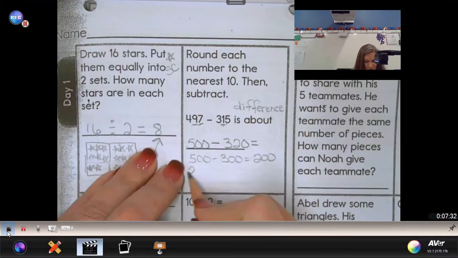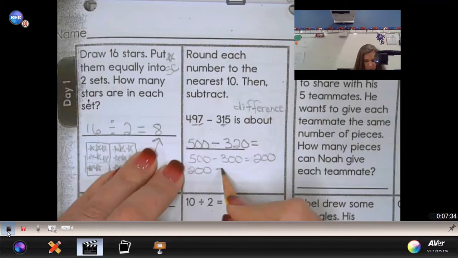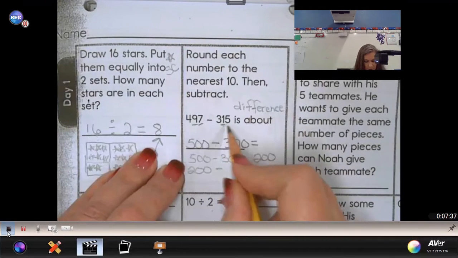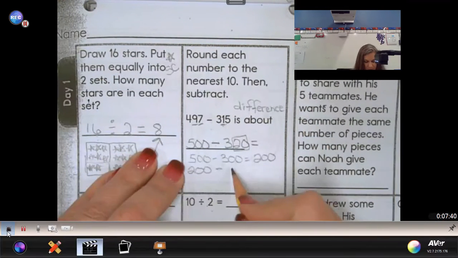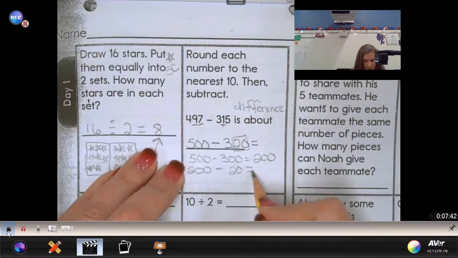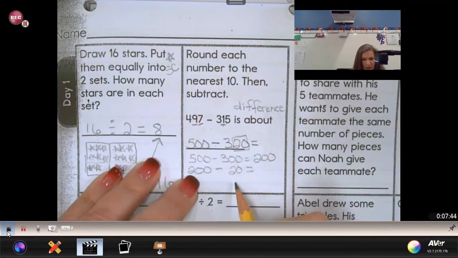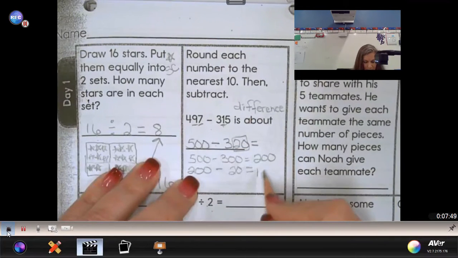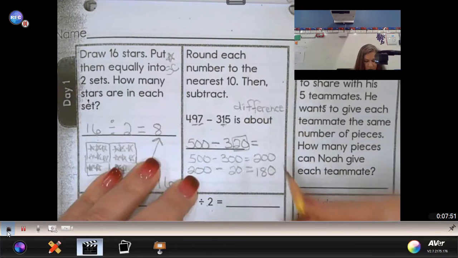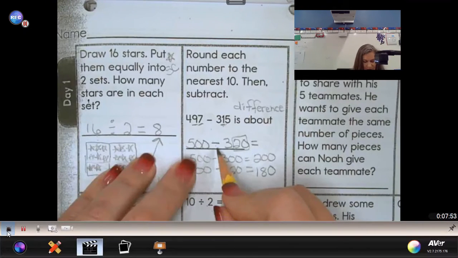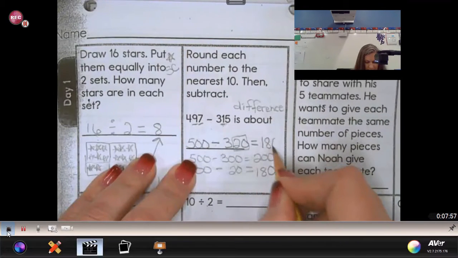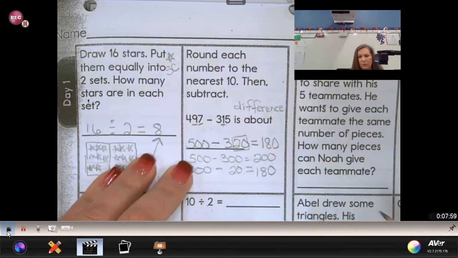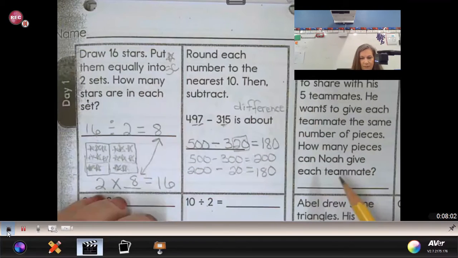And if I take this 200 and subtract off 20 more to make that 320, I'm going to subtract 10, which would be 190, and 10 more, which would be 180. So the difference between 500 and 320 is 180. That is our difference. Remember that vocabulary word, difference.